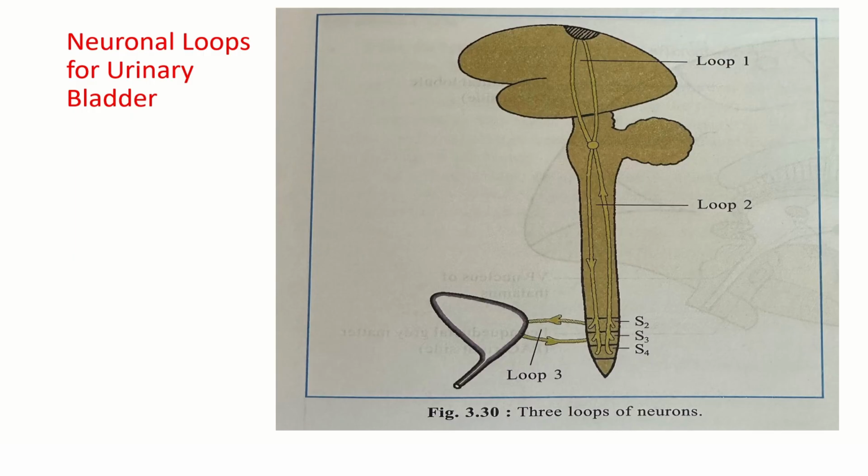So these upper motor neurons will inhibit the sacral micturition center until the time and space are available for voiding urine.